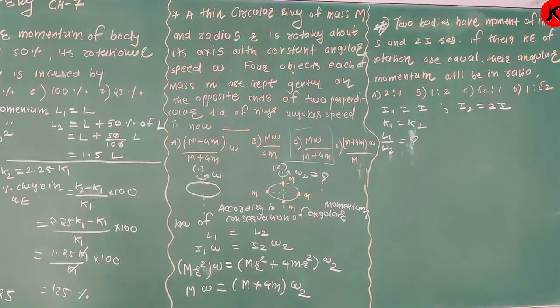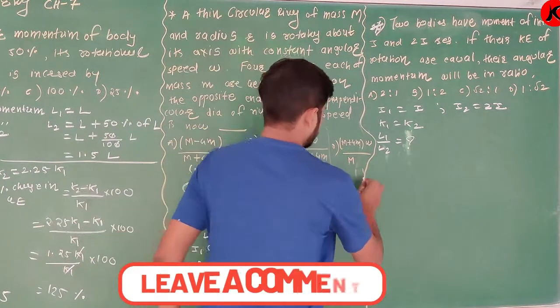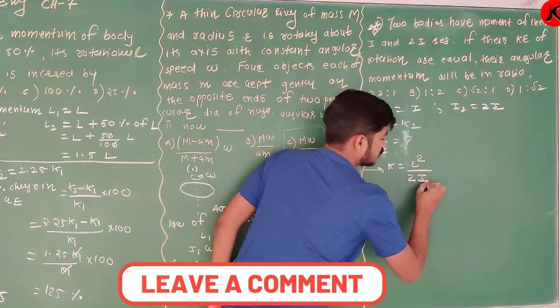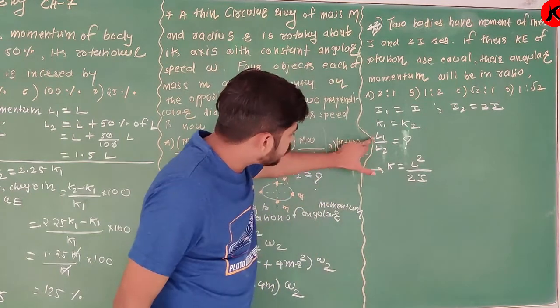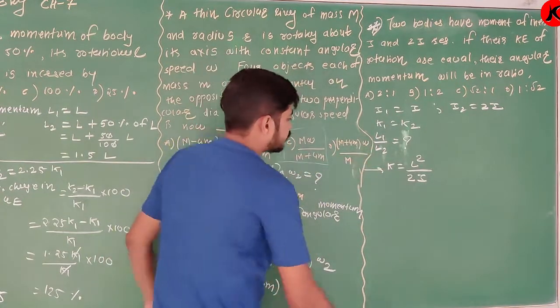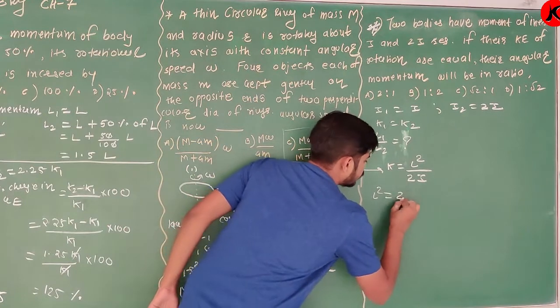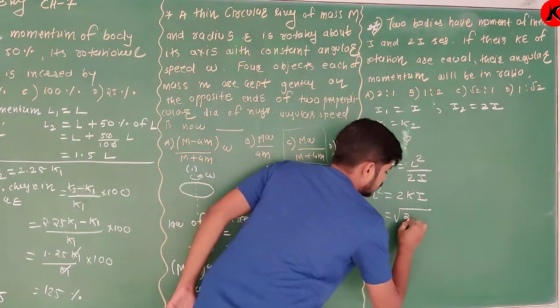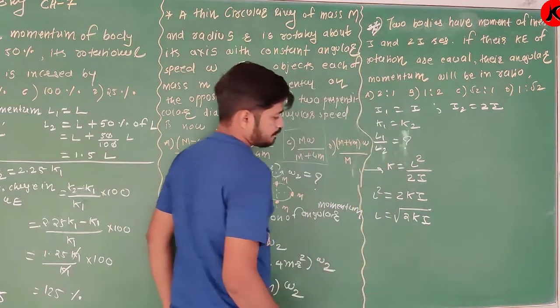Here, K is equal to L square upon 2I. As we have to find the ratio of angular momentum, make L the subject. Then L square is equal to 2KI, then L is equal to under root 2KI.